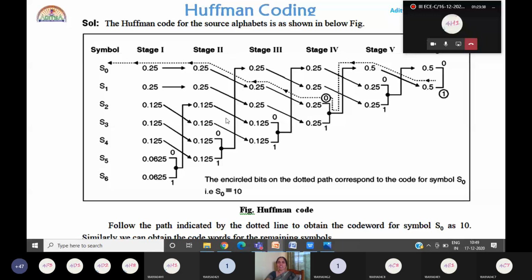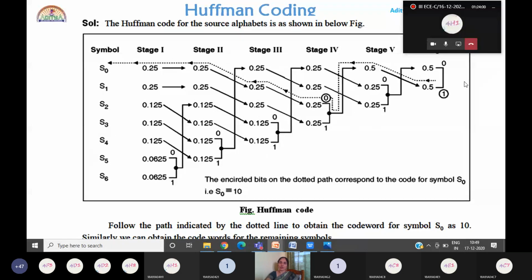So in each and every stage, we will have a reduction of one symbol. That's why Huffman coding is said to follow the reduction process, combining the last m number of symbol probabilities.